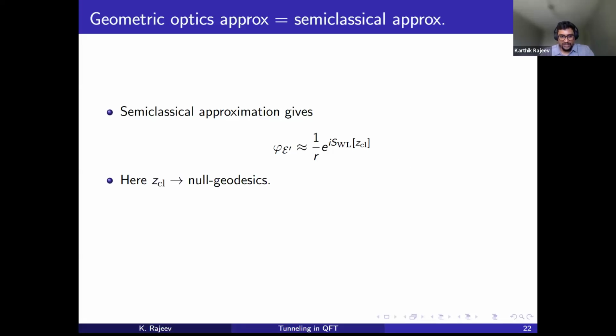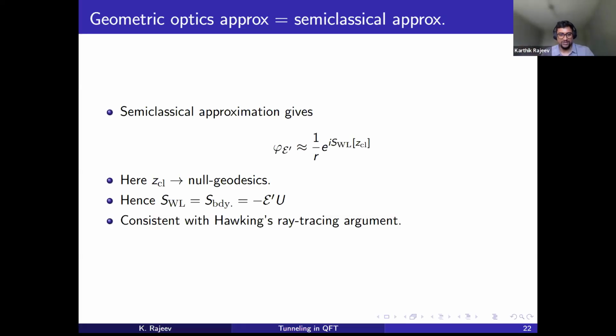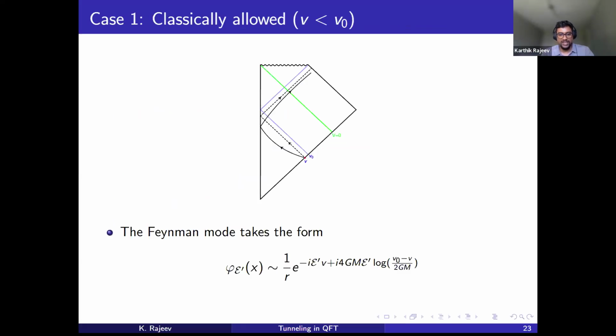But it turns out that since the worldline is null, the kinetic part, the standard worldline part of this action just vanishes, and the whole of the action is just the boundary term, and the boundary term is nothing but minus E prime U, right? So the action is nothing but e to the power minus i E prime U. So this parallels the Hawking ray tracing argument.